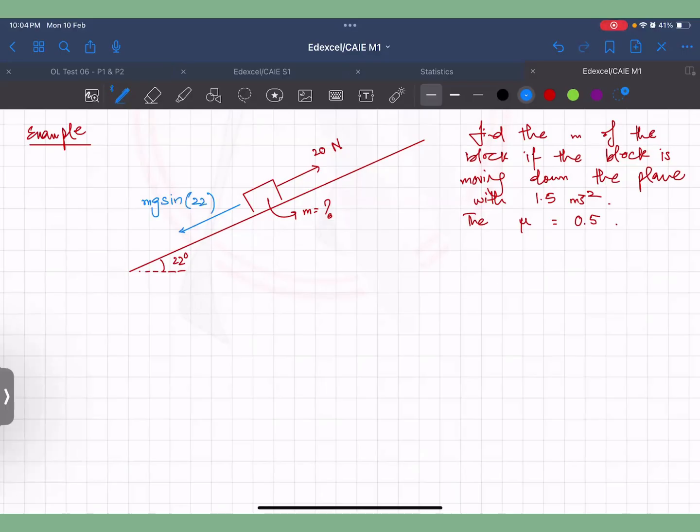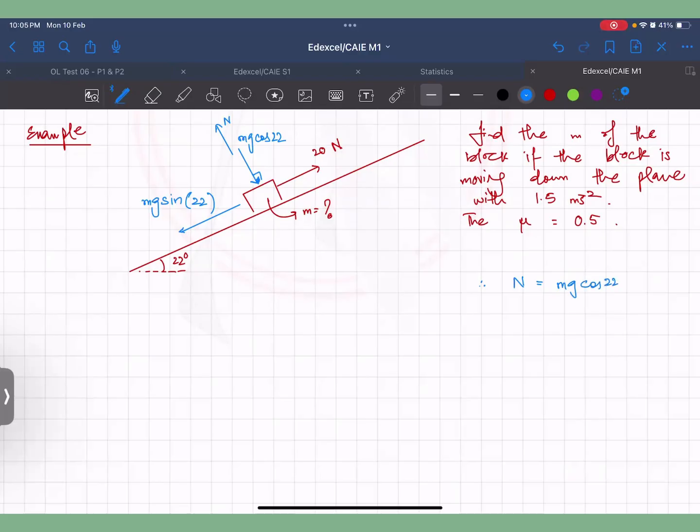Sine is for along the plane, and this one was mg cos 22. And there is no other force perpendicular to the plane. So the weight component into the plane would be cancelled out by the normal contact force. In this situation, the normal contact force is equal to the weight component into the plane.